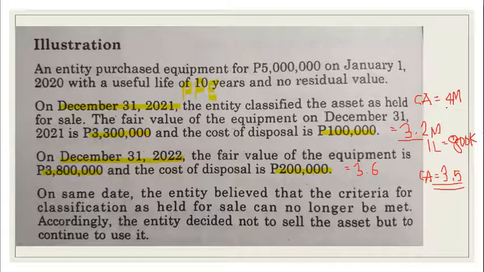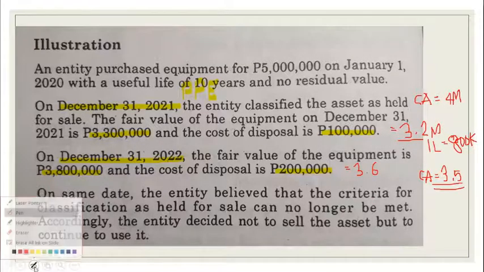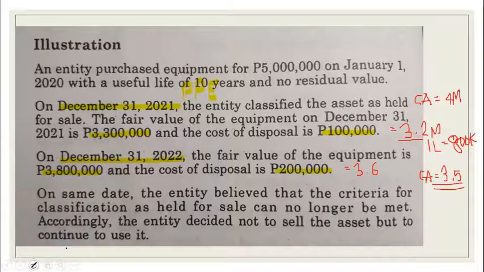Here, for depreciation, we have no problem, because the basis is your carrying amount, which is 3.5. So, you have no problem. Your depreciation for the year 2023 is just 3.5 divided by the remaining number of years, which is 7, so your annual depreciation is the same at 500k.